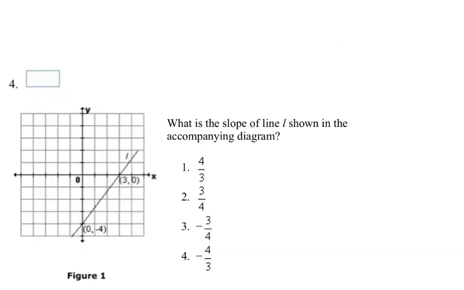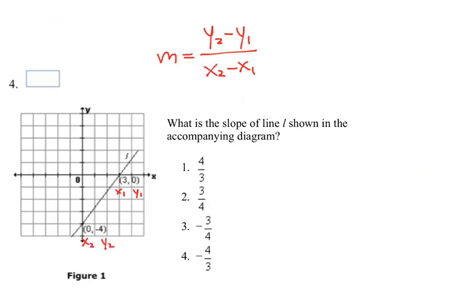Alright, let us look at number 4 here. What is the slope? We can figure out the slope using the slope formula. Let me just use m is equal to y sub 2 minus y sub 1 over x sub 2 minus x sub 1. We can assume that this is x sub 1 and y sub 1, then this would be x sub 2 and y sub 2.